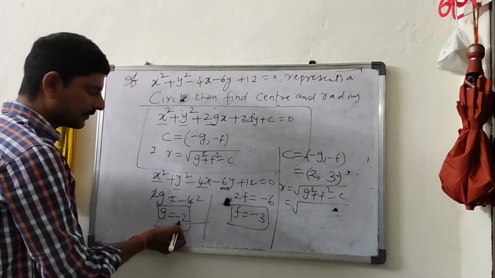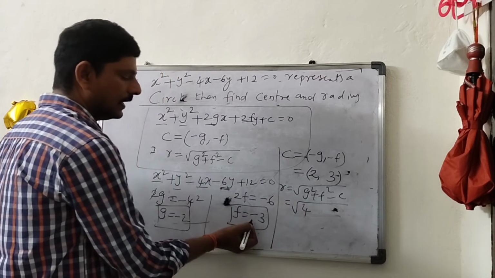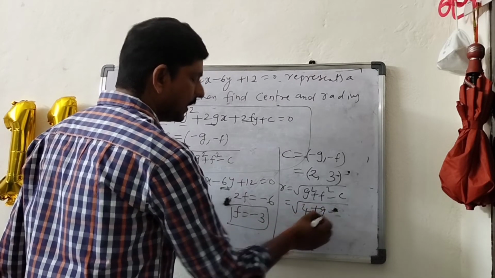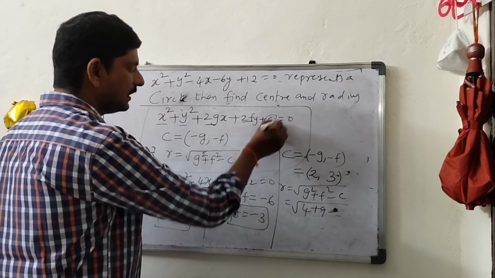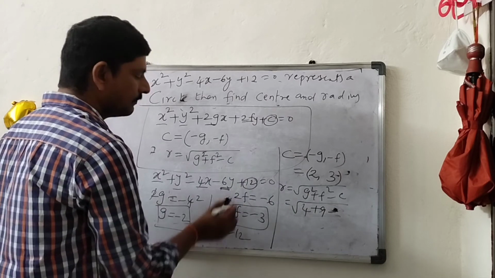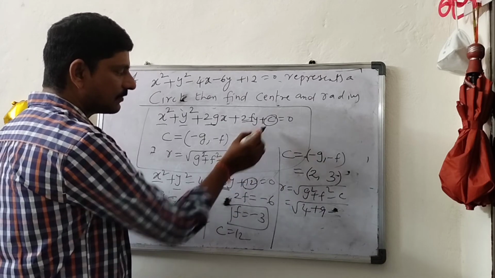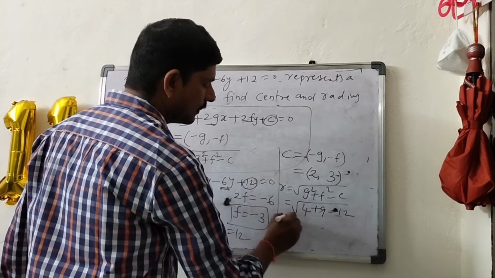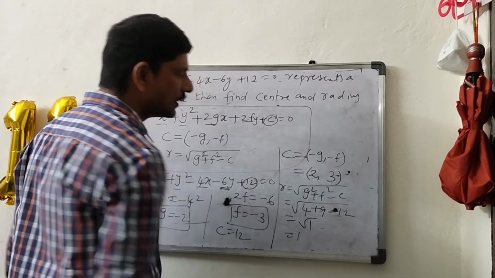What is there in the place of g? Minus 2. Minus 2 whole square is nothing but plus 4. Here f is minus 3. Minus 3 whole square is 9. Minus c. What is c? So you have to compare c. Here in the place of c is 12. When we compare the general form with the given equation, in the place of c, what is there here? 12. So minus c, that means minus 12. So 9 plus 4, 13. 13 minus 12 is 1. Root 1 is nothing but 1.